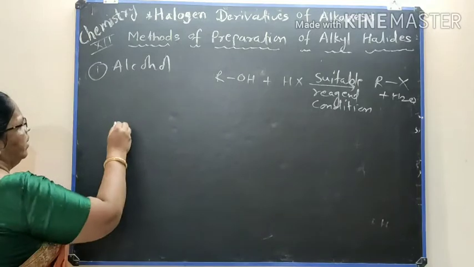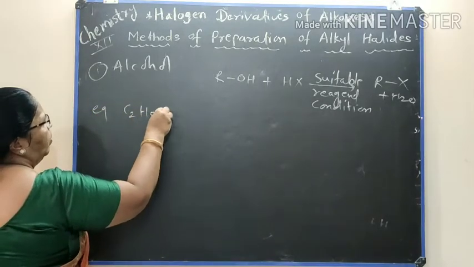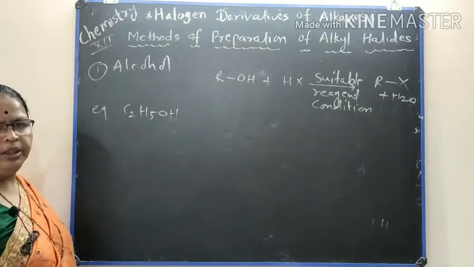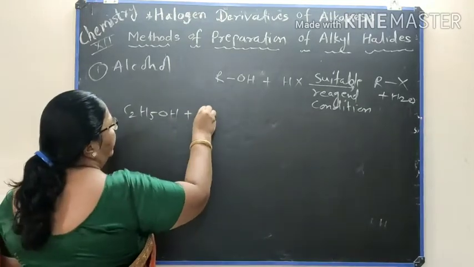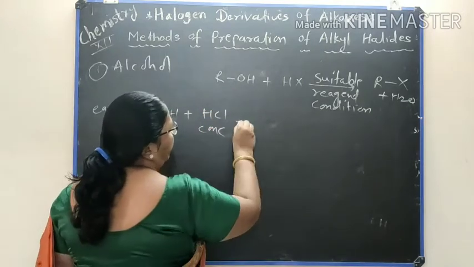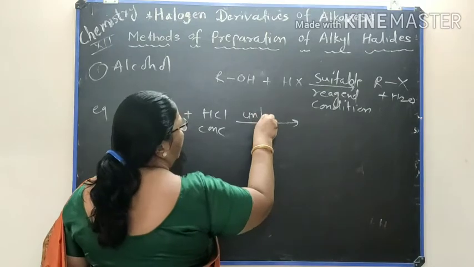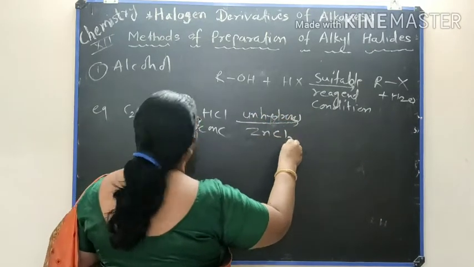Suppose you are considering example ethyl alcohol, C2H5OH. Ethyl alcohol C2H5OH is treated with concentrated HCl in presence of anhydrous ZnCl2.